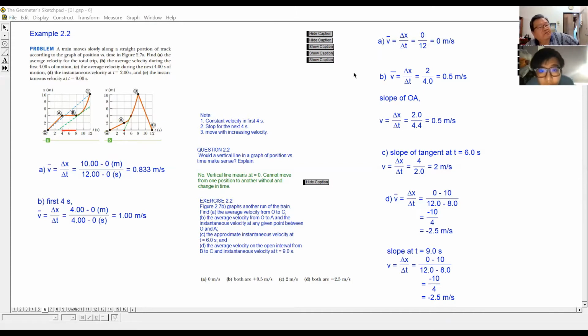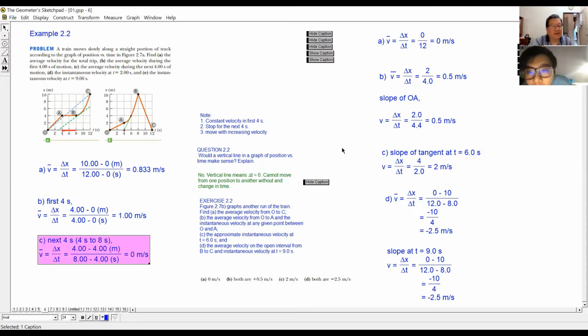Correct. Then divide by 8 minus 4. Oh, 8 minus 4, sorry. 8 minus 4. So what is it? 0.